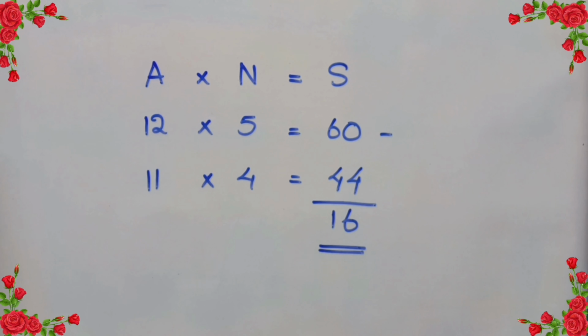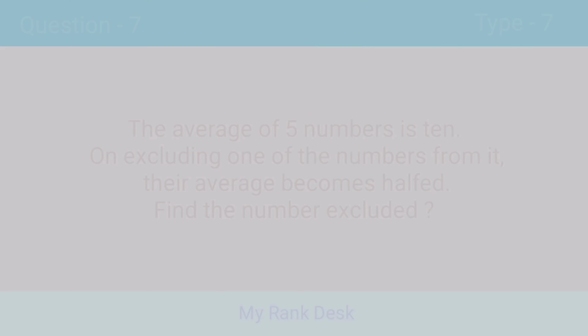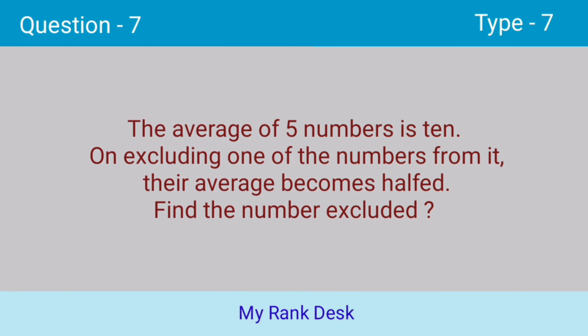Answer 16. Next question. The average of 5 numbers is 10. On excluding one of the numbers from it, their average becomes halved. Find the number excluded. Let's see how we can find the answer.